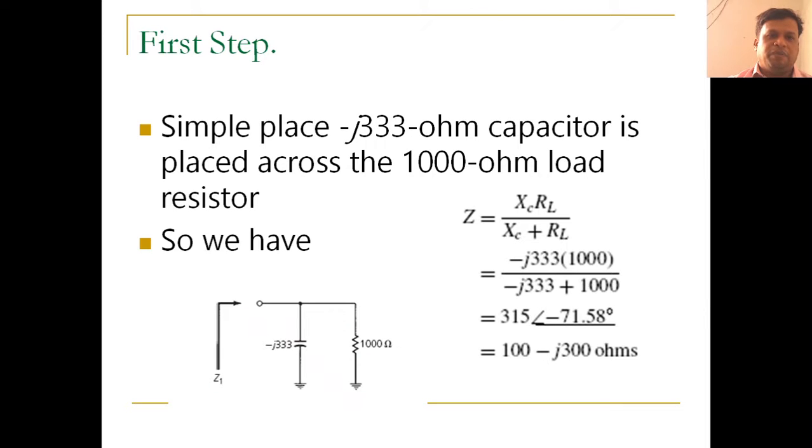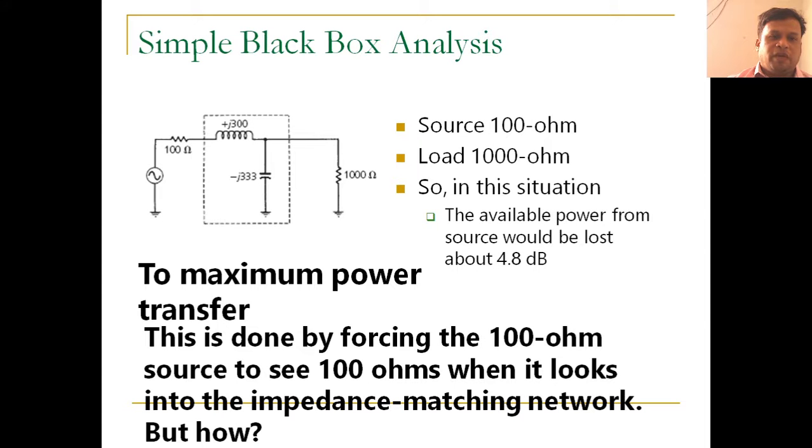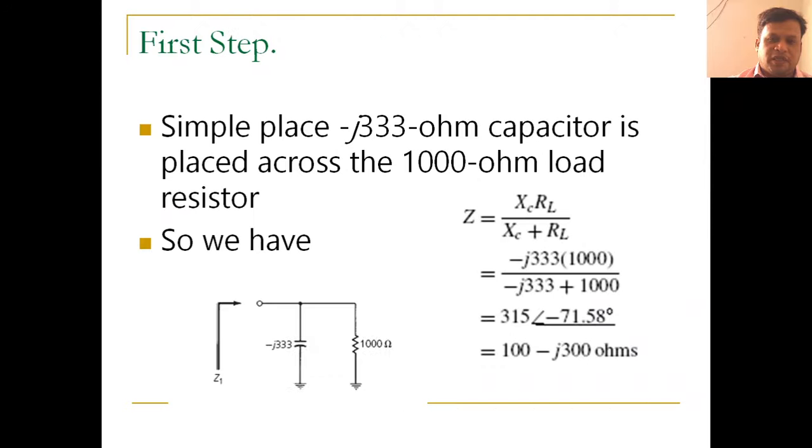The first step: simply place a minus J333 ohm capacitor across the 1000 ohm load resistor. We are keeping minus J333 and 1000 ohms in parallel, and then we find the impedance.